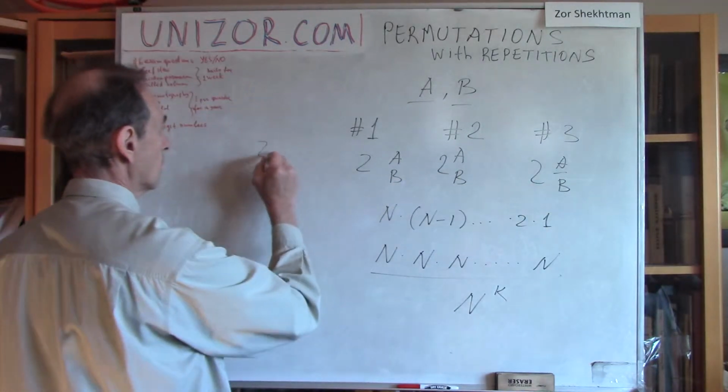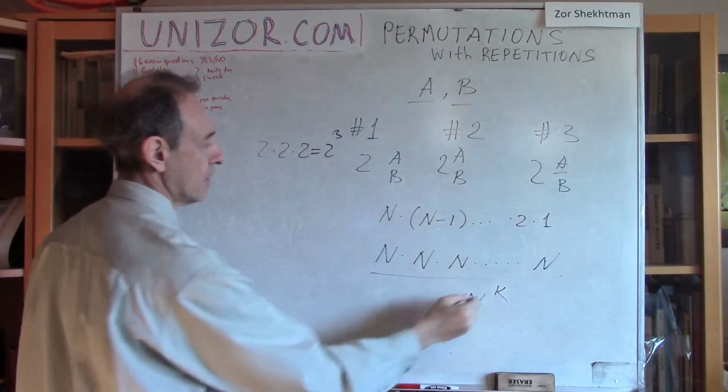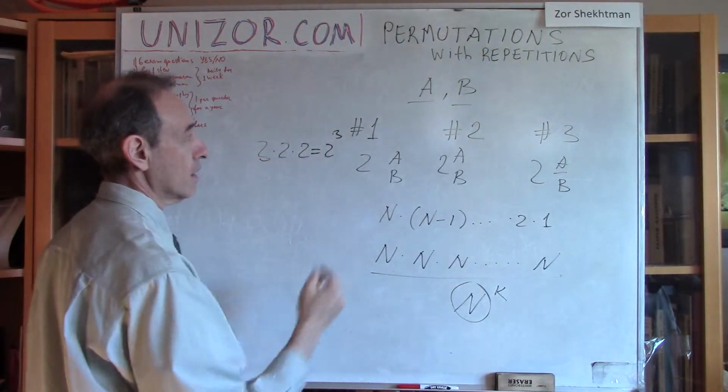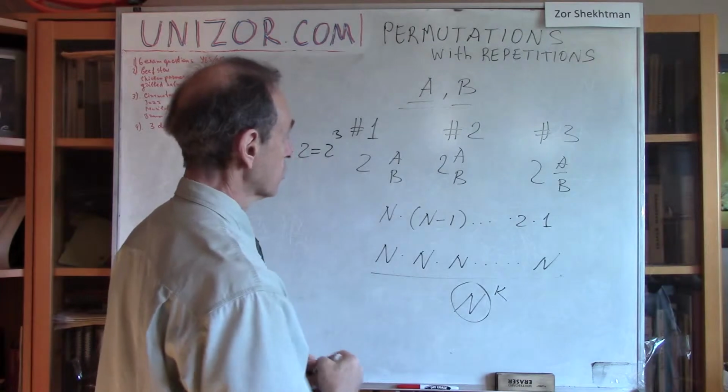So it's 2 times 2 times 2, which is 2 to the third degree. So n in this case is equal to 2.